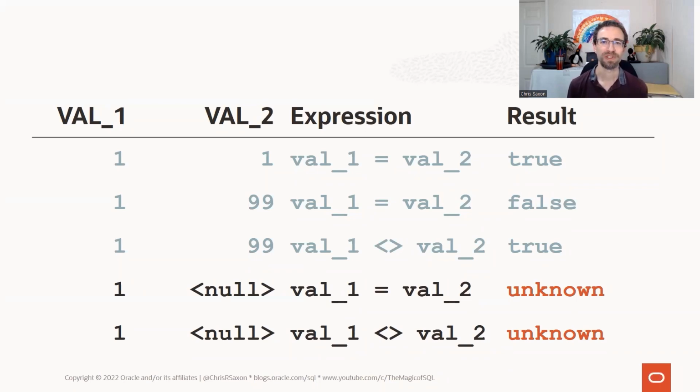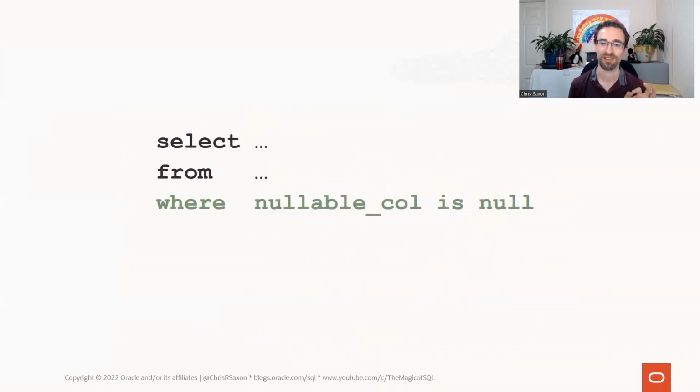So the question here is, how do we actually find these rows? Well, the basic way is we need to use a new condition and we'll check that the column is null, or is not null if we want the rows that actually have a non-null value. So we need to introduce this new condition to find the null valued rows.